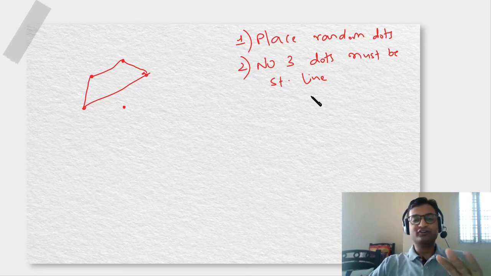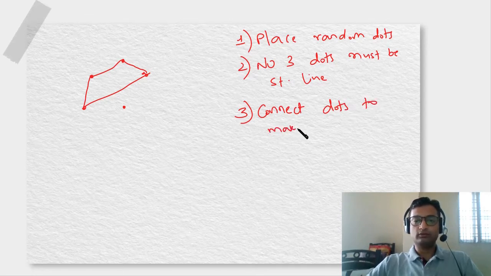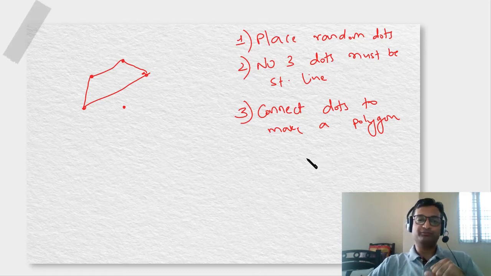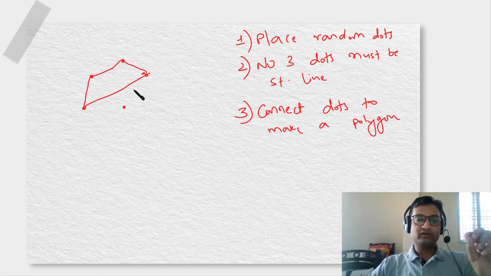As I said, I will connect these dots to make a polygon. Now I have started with a four-sided polygon over here. As you can see, I have made four sides with 5 dots, but I could have easily made a pentagon as well, right?